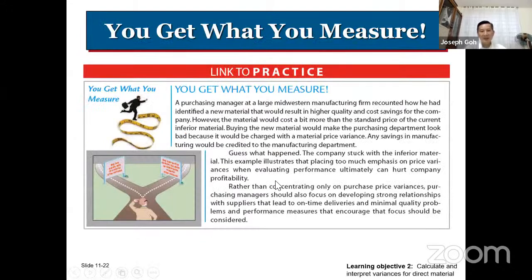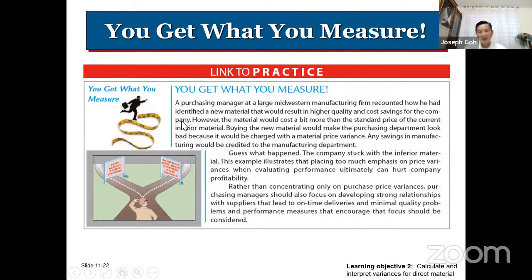So in this example, just to explain to you, a purchasing manager at a large Western manufacturing company recounted how he had identified a new material that will result in higher quality and cost saving for the company.